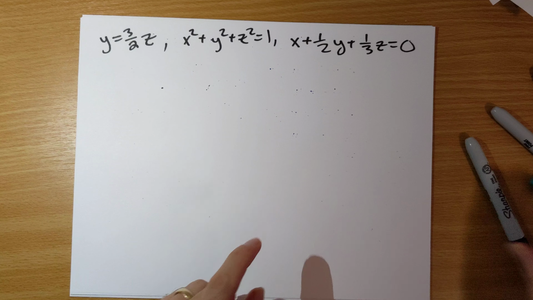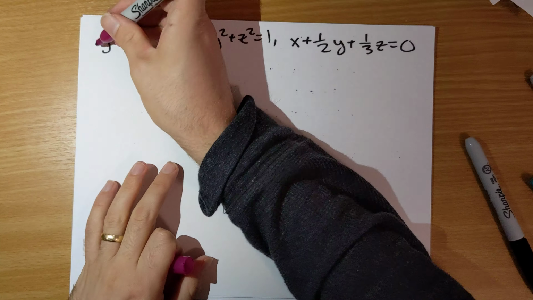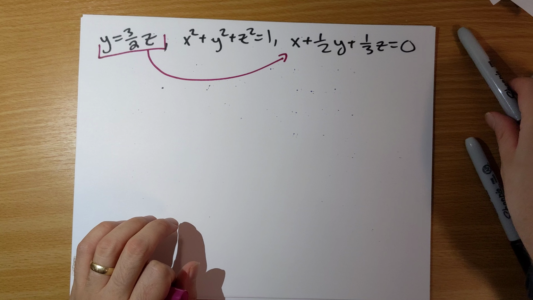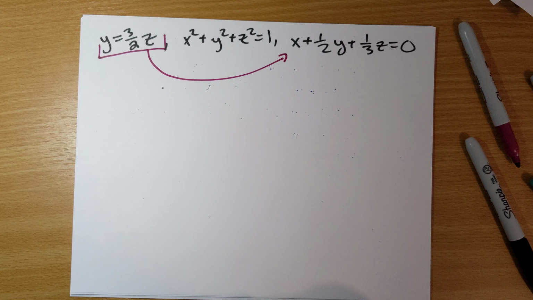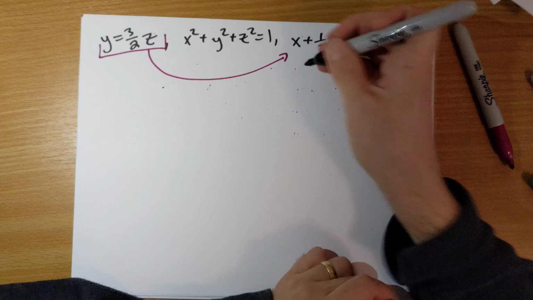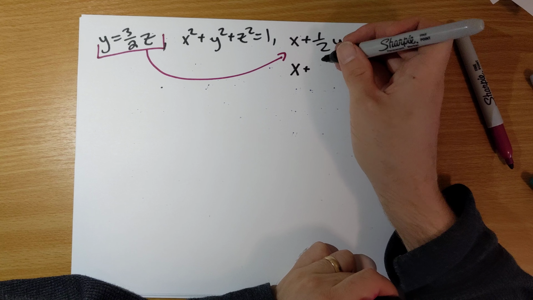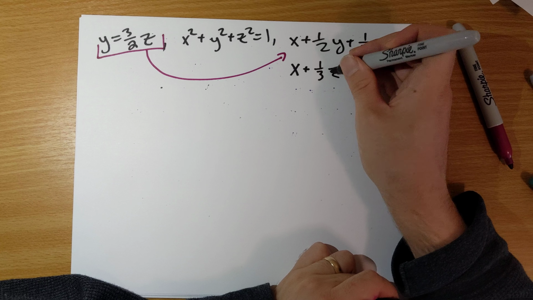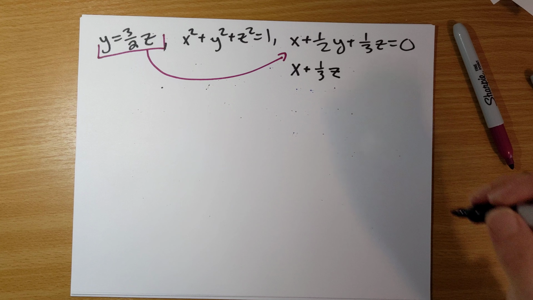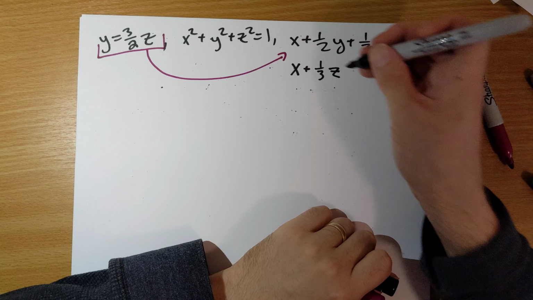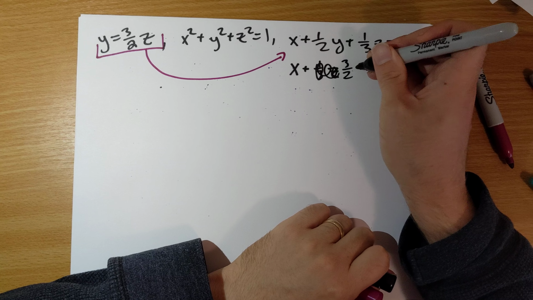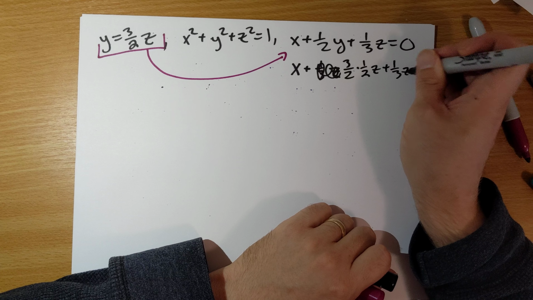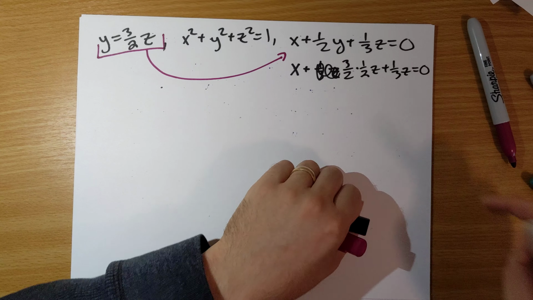Okay, so what we're going to do is take this new relation and plop it in over here. So replace y with 3/2 z. That would give us x plus, I should be more careful here, 3/2 times 1/2 z plus 1/3 z is equal to 0.